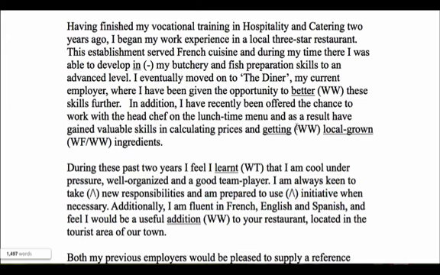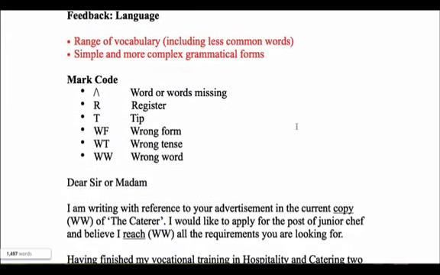Okay? Then R for register. This basically means that the person has written something, perhaps using the wrong level of formality. If you see T for tip, the person hasn't made a mistake as such, but there's a better way of expressing this particular point. Okay, so that's T. If you see WF, that means the person has used the correct word, but in the wrong form.